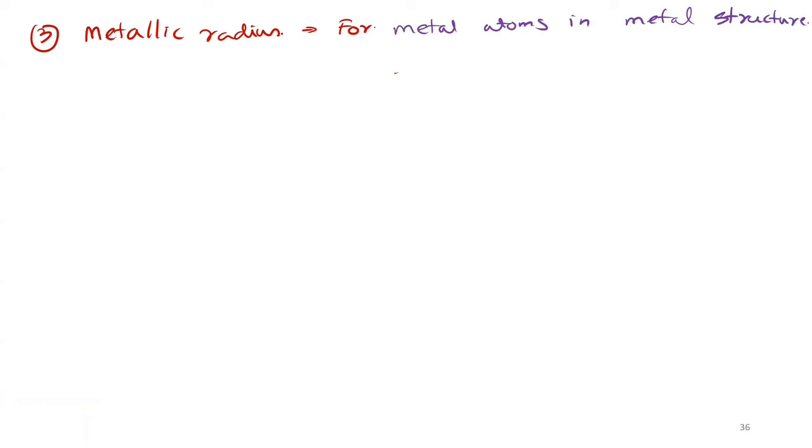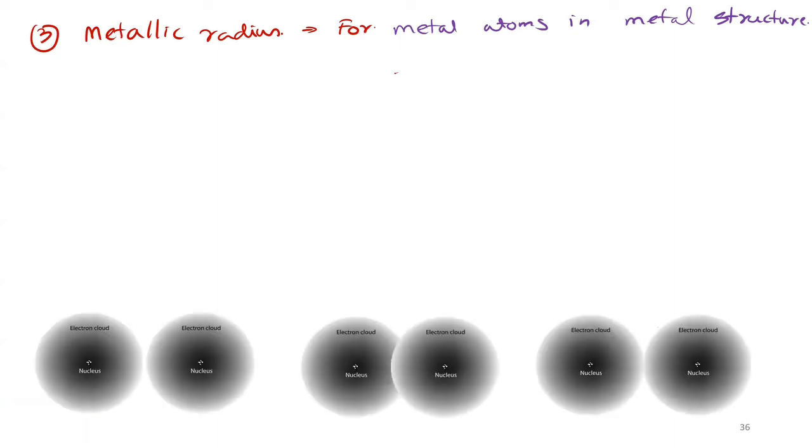So the metal atoms in a metallic structure are bound by a metallic bond. Now let's compare this van der Waals bond with the covalent bond.